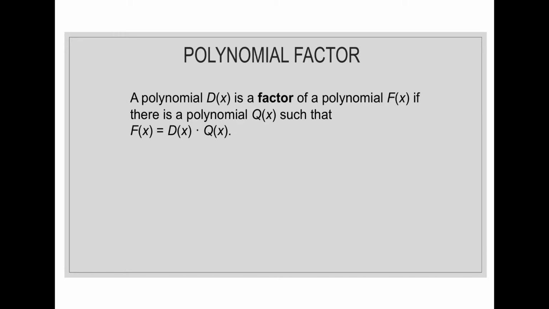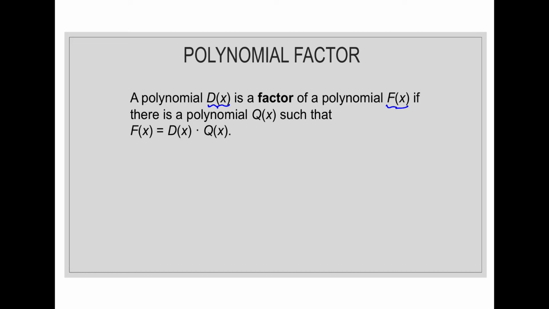So when we talk about a factor of a polynomial, we're going to use some symbolism here to give some general rules. So a polynomial, d of x, is a factor of a larger polynomial, f of x. Remember that in a multi-termed polynomial, whether it has 4 terms, 5 terms, what have you, anything that would be a factor of that polynomial is something that would multiply with something else to give us that larger polynomial.